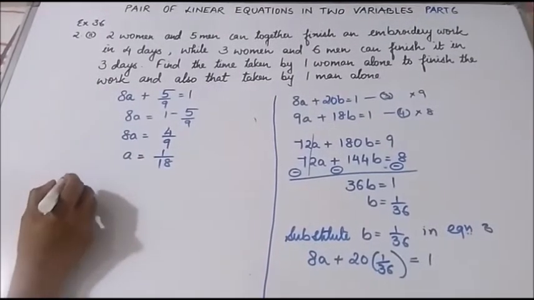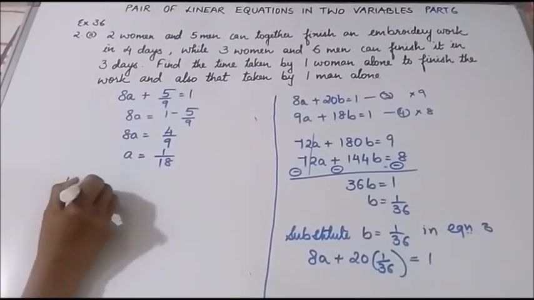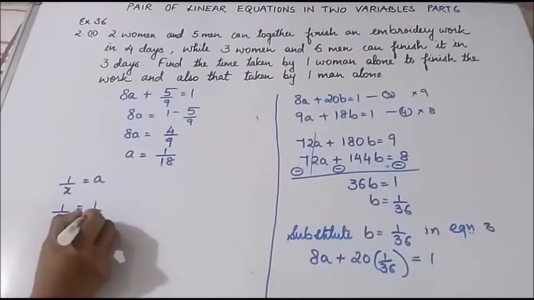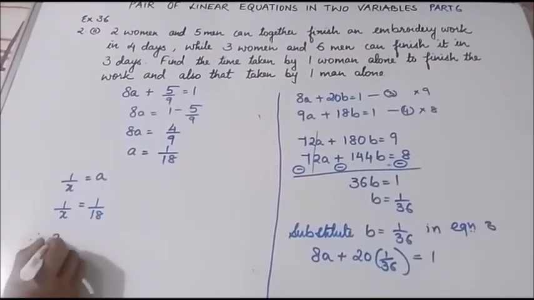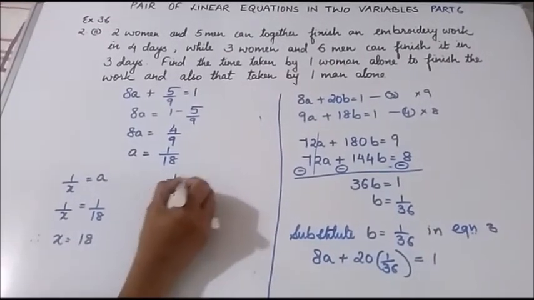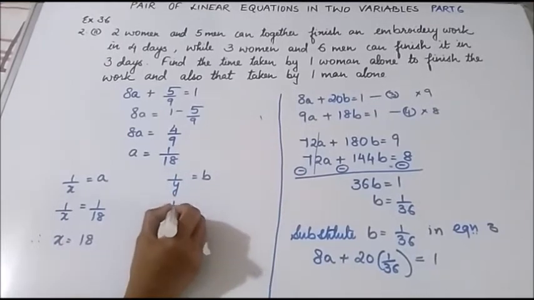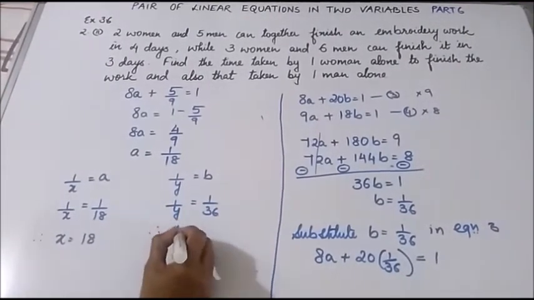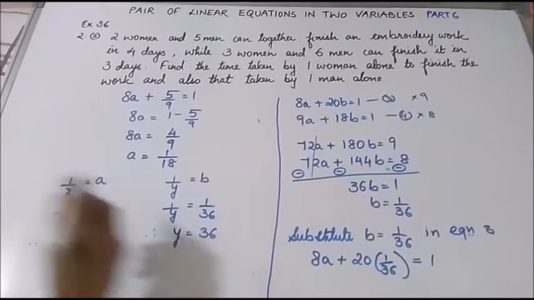Now we know that 1 by X equal to A, that is 1 by X equal to 1 by 18. Therefore what we get? X equal to 18. And we have taken 1 by Y is equal to B, and we know that B is equal to 1 by 36. Therefore Y is equal to 36.